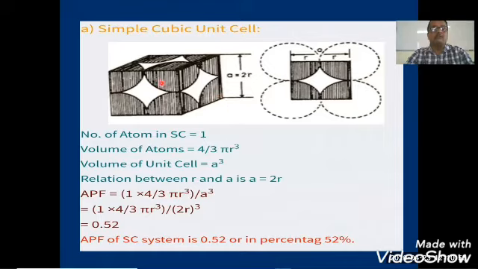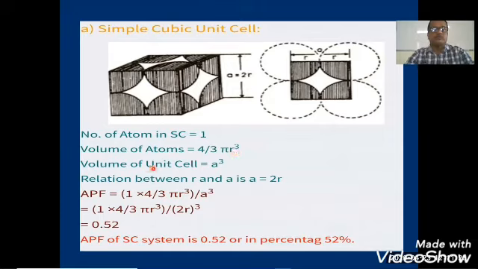The number of atoms per cubic unit cell is equal to 1, so the total volume of the atoms occupying a simple cubic unit cell will be 4/3 πr³.